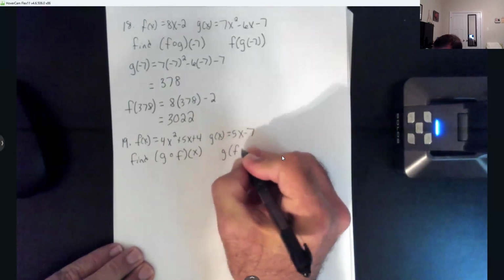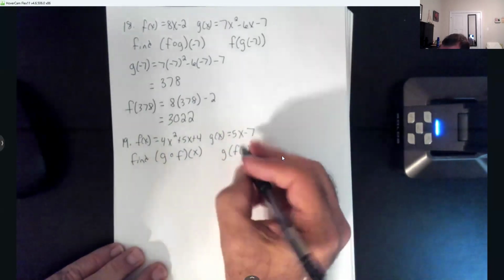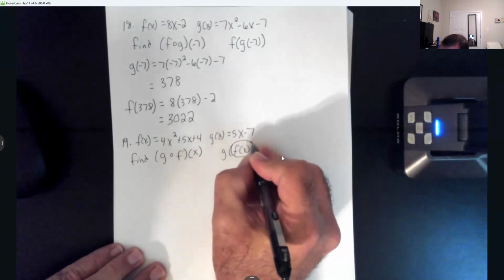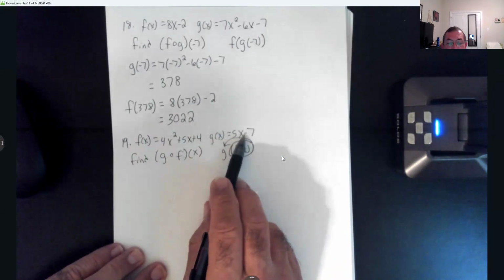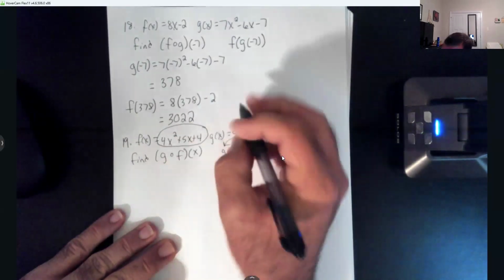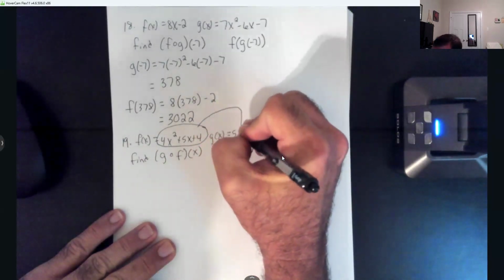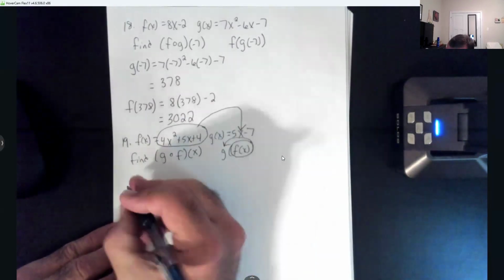So this is like g of f of x. So this means you take the whole f of x function and you're going to put it into the g. So we're going to take this whole f function here and we're going to put it in for that one x, okay?